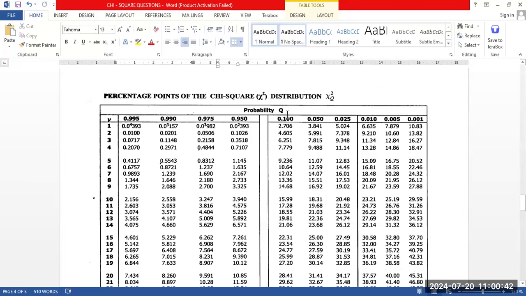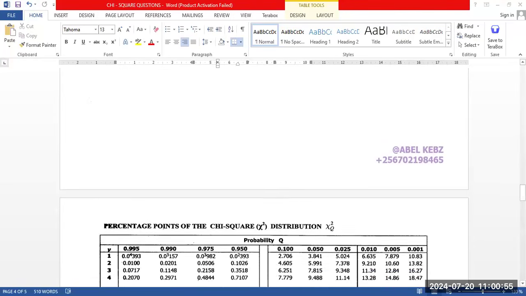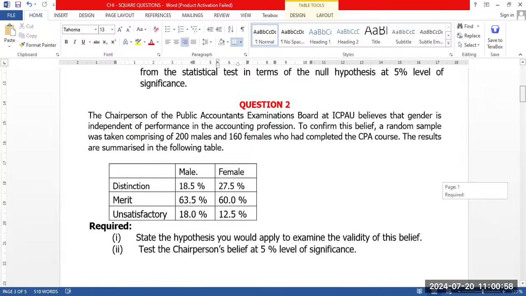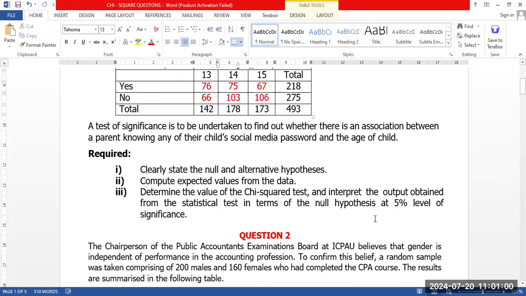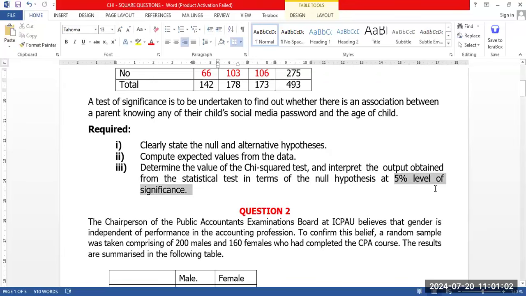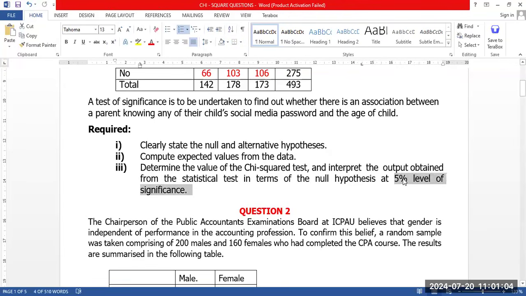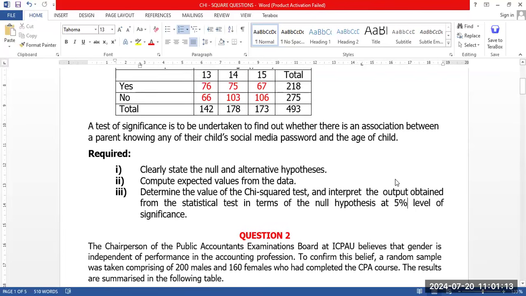What did you set as your level of significance? In our question, you can observe that our level of significance is 5%, which is 0.05.